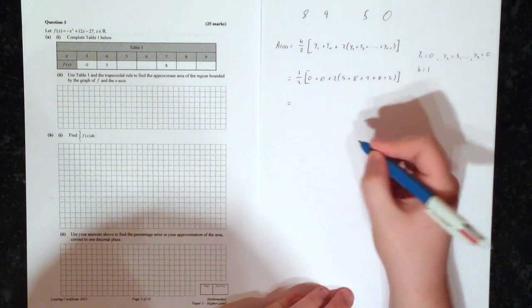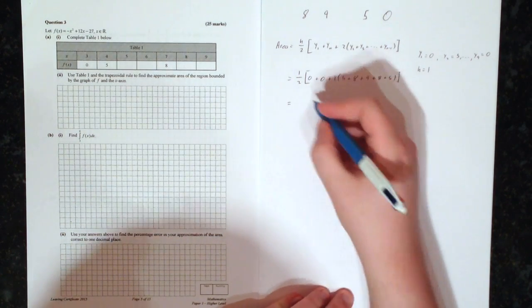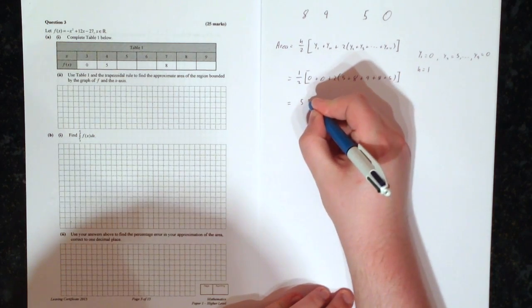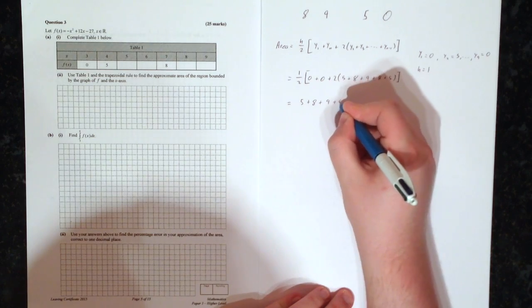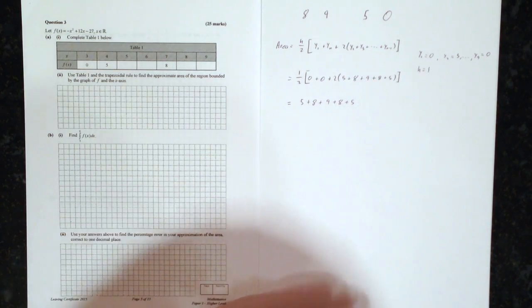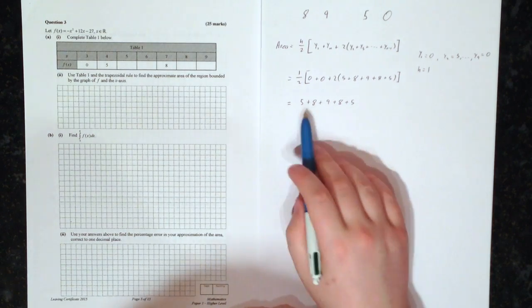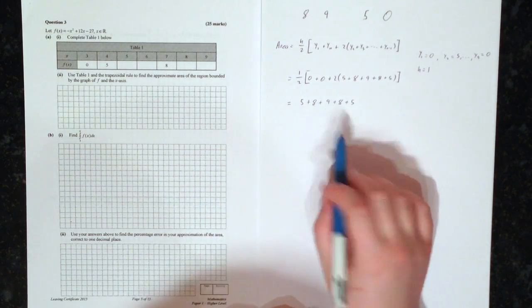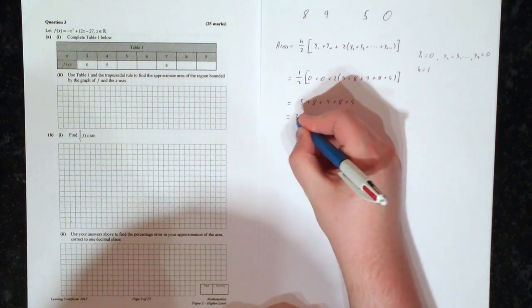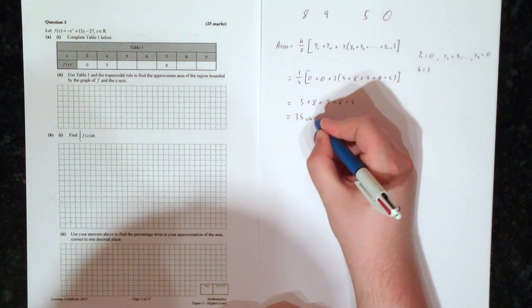So that's going to be equal to a half times 2 is just 1, so that will be 5 plus 8 plus 9 plus 8 plus 5. Now we're going to have 5 plus 5 is 10, 8 plus 8 is 16, 16 plus 10 is 26, plus 9 is 35. So the region will be 35 square units.